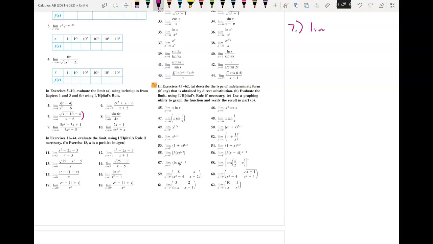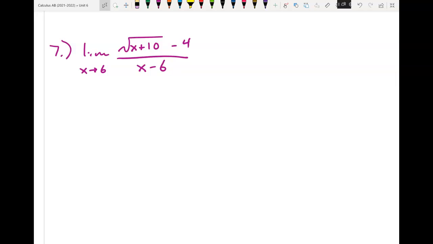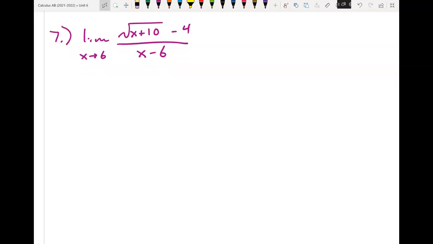So we have the limit as x approaches 6 of the square root of x plus 10 minus 4 over x minus 6. Okay, so the technique for part A is multiplying by conjugates.